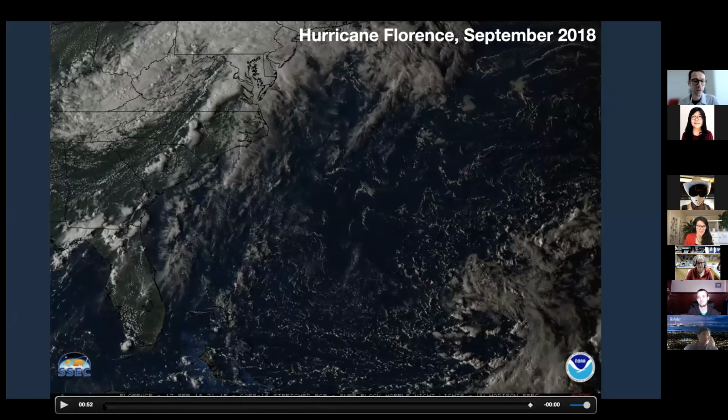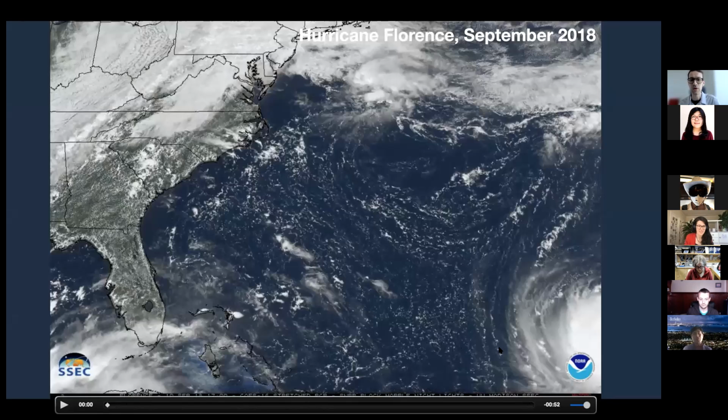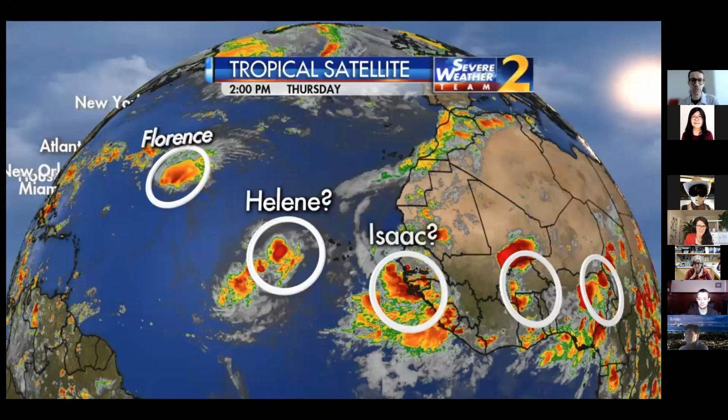So for this talk, one of the main things I want you to note is that this storm, when it formed, was fairly far away from the US over the southeastern Atlantic. And indeed, if we go to my next slide, you see Africa here, and here is the early stages of Tropical Storm Florence.